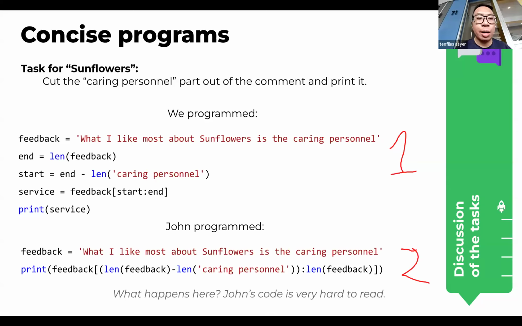So if you see them one by one, which one is more readable for you? The first one or the second one? Of course, the first one. But you know that the first one is not as efficient as the second one, right? Because the second one already uses nested construction.